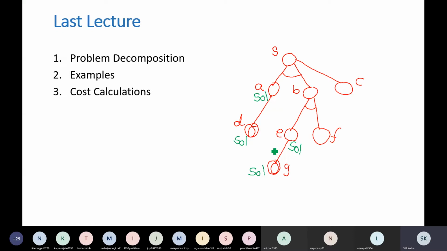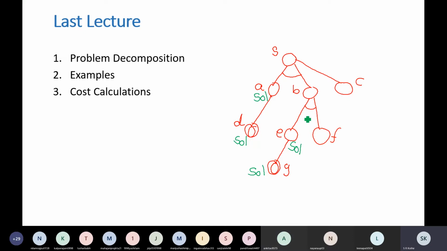So since E has become solved, will B become solved? No. Why not? Because F is unsolved. Actually, F is not unsolved.